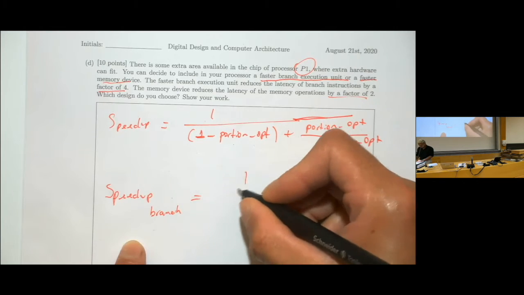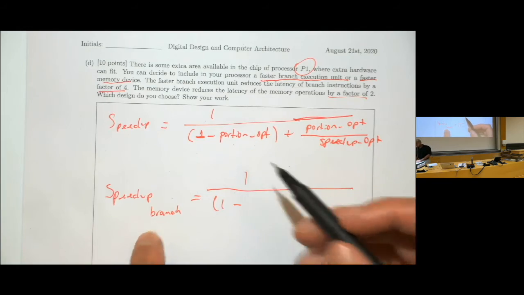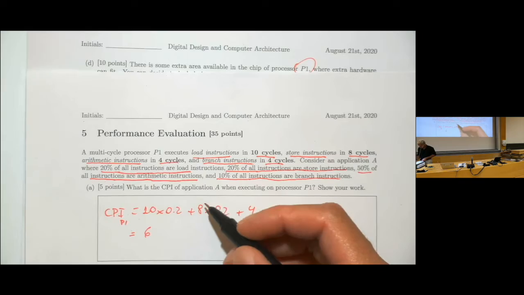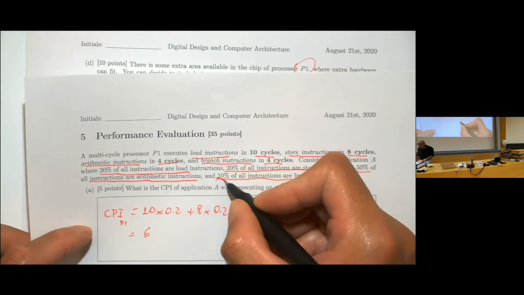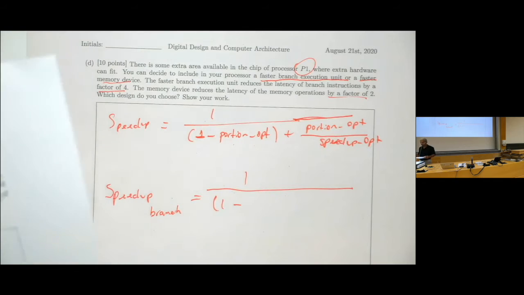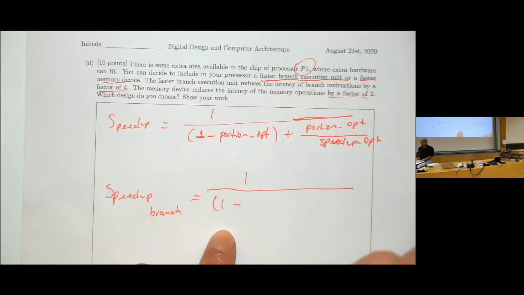This is going to be 1 over 1 minus the portion that you're optimizing, right? If you look back at the question, 10% of all of the operations are branch instructions. So if you choose the branch, you're going to be optimizing only 10% of the total execution.